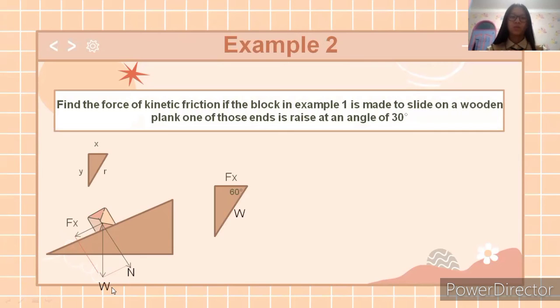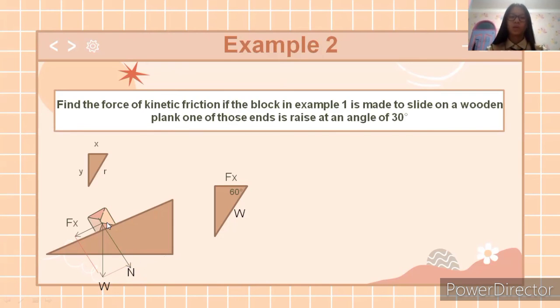We know that weight is equal to mass times gravity. We already solved the weight before. The weight is 6 Newton. The question asks, what is the kinetic friction? To find friction, we multiply mu and N, but we don't know what N is.